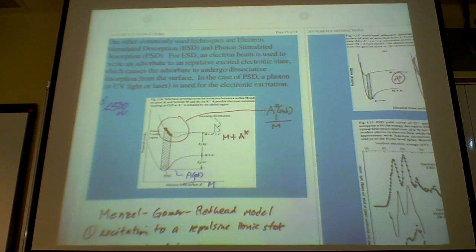So the difference between electron and photon excitation is, of course, the resonance process, right? In the case of photon excitation, the photon energy has to be equal to the difference in the electronic states that you're talking about.